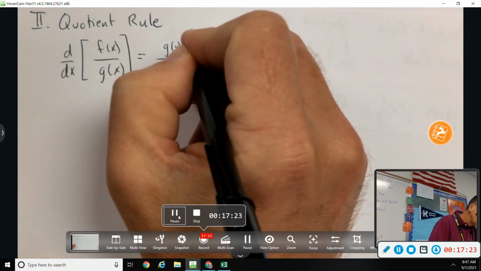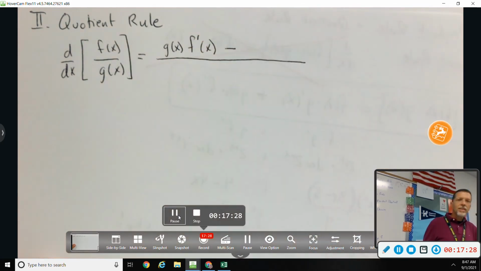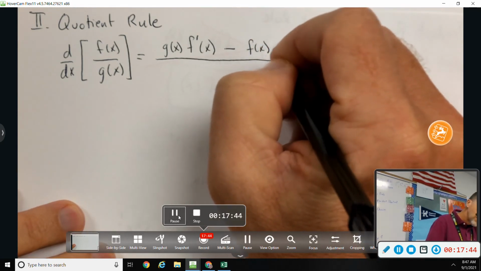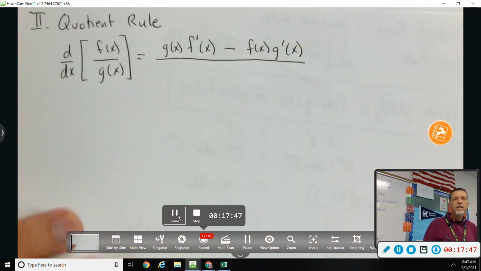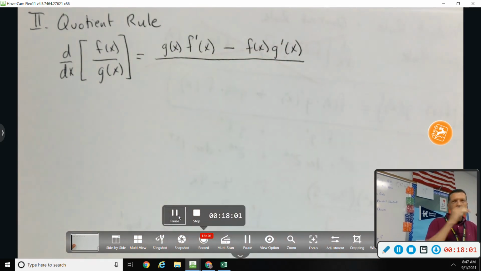The idea that division is more complicated carries over to here. g of x times f prime of x minus, to me it's easy to remember that the quotient rule has a minus in it because multiplication sort of matches with addition, division sort of matches with subtraction, minus f of x times g prime of x. So there's some similarities with the product rule because you got one times the derivative of the other, and then the other times the derivative of the vice versa thing.